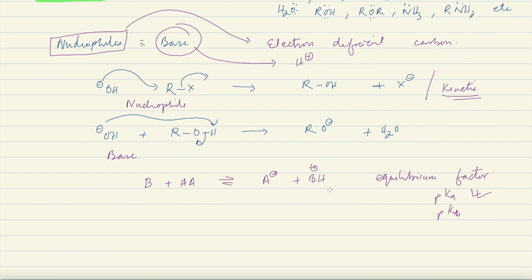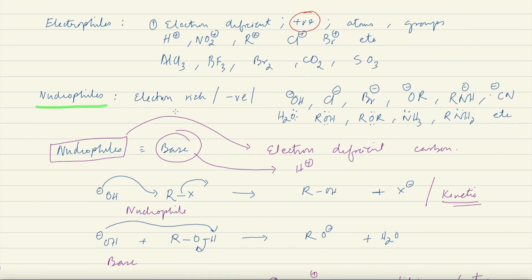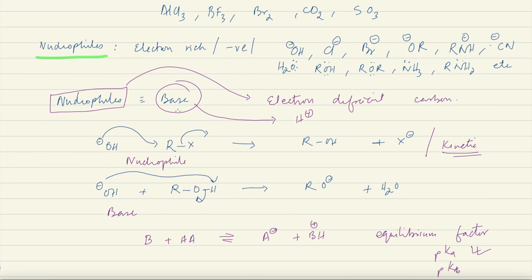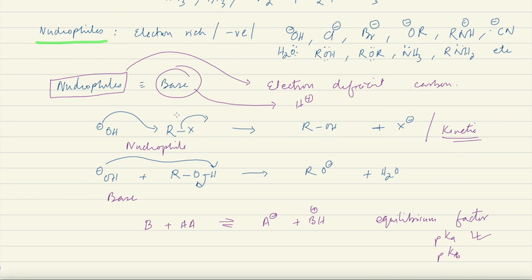For a base, it is determined by the pKa values, which is an equilibrium constant. So we have seen the reagents, the electrophiles and the nucleophiles. Nucleophiles can also behave as a base, and if it acts as a base, it will abstract a hydrogen ion. But as a nucleophile, it will react with an electron deficient carbon atom.